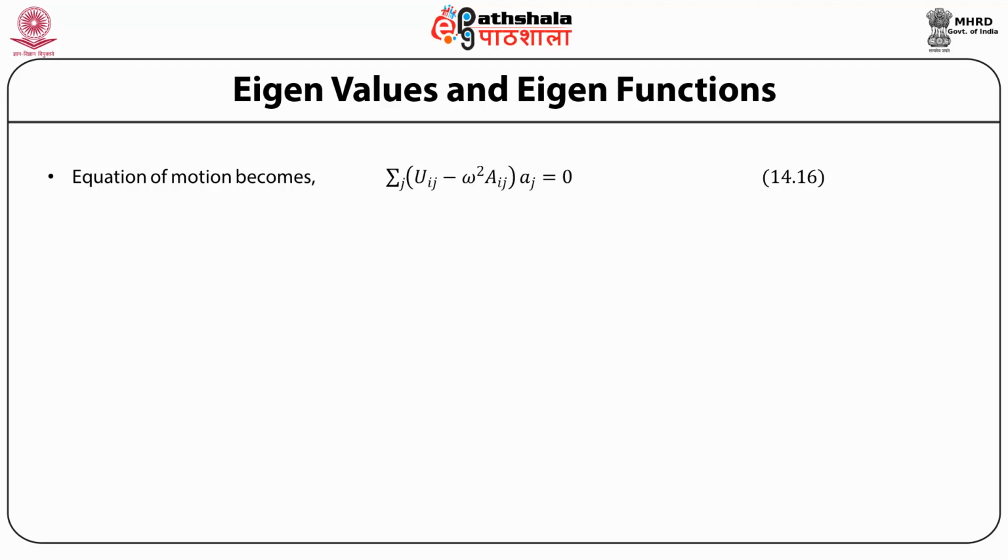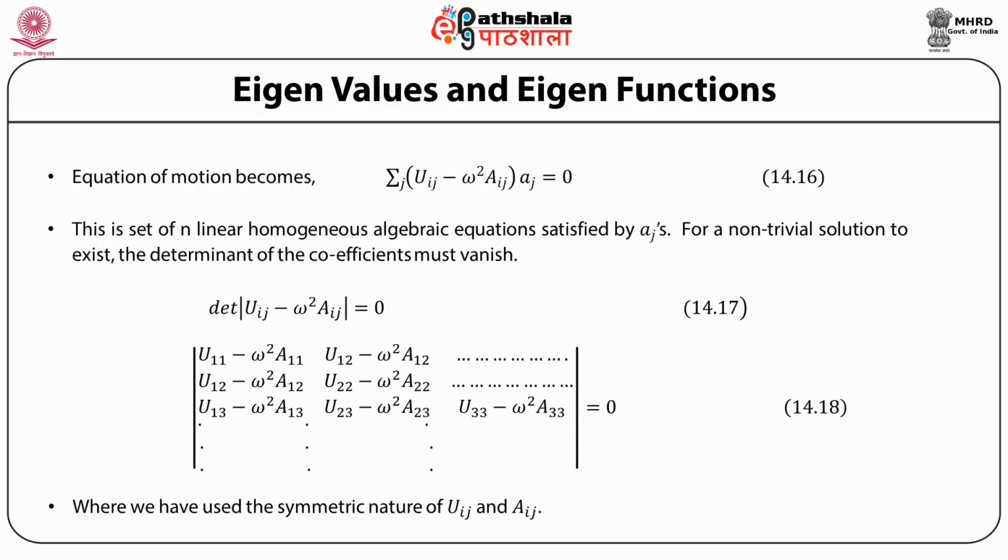Now, notice that this is a set of n linear homogeneous algebraic equations satisfied by these amplitudes A_j's. From algebra you know that for a non-trivial solution to exist, the determinant of the coefficients must vanish. The determinant of u_ij minus omega square a_ij must be equal to 0.